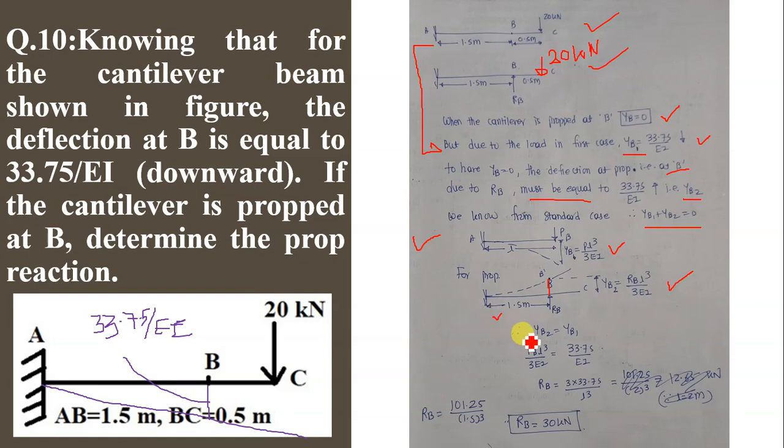And hence YB2 must be equal to YB1. Now YB2 is in the upward direction, YB1 is in the downward direction. Both must have equal magnitude. If they have equal magnitude, the resultant deflection at B will be equal to 0. So YB2 is RB L cube upon 3EI equal to 33.75 upon EI. Solving this equation, we get RB is equal to 30 kilonewton.